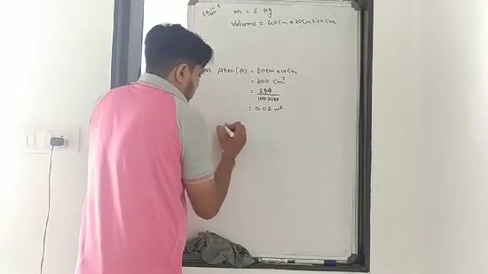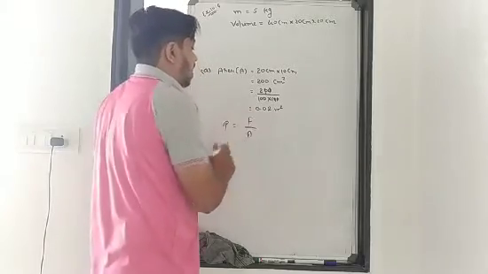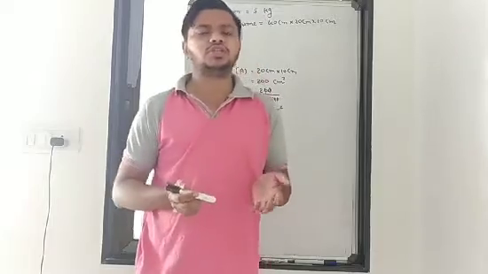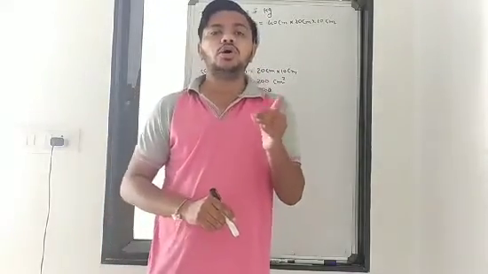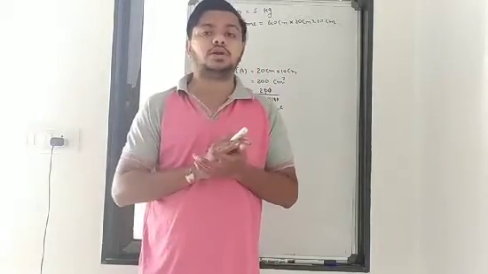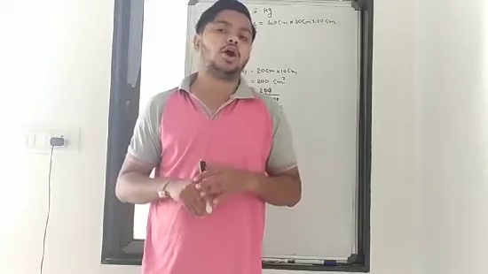Now you have to find out the pressure. Pressure is equal to F by A. But for that you need F, force. As you know, if a person just lies down on you, during that time you feel a pressure from that object or that person because of the gravitational force applied on that object.